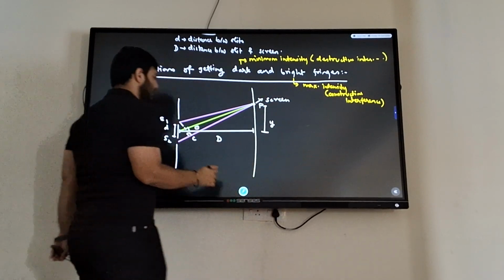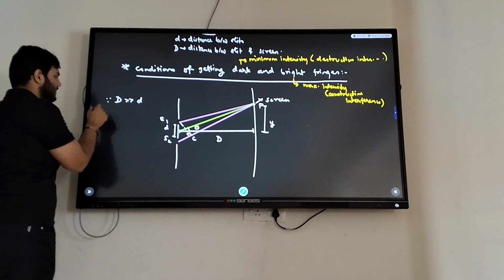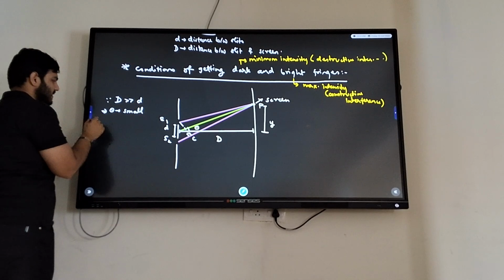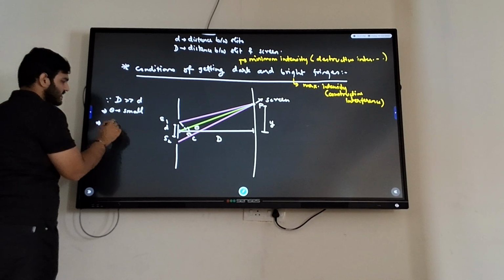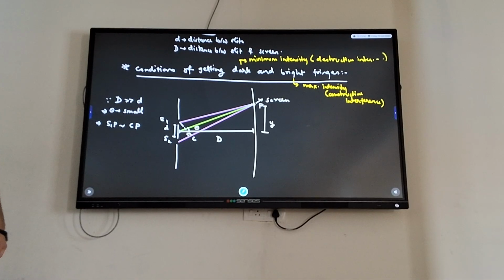So I am saying that since capital D is much greater than small d, that means theta is small. So S1P is approximately equal to CP.